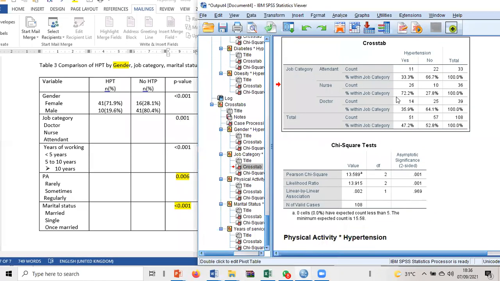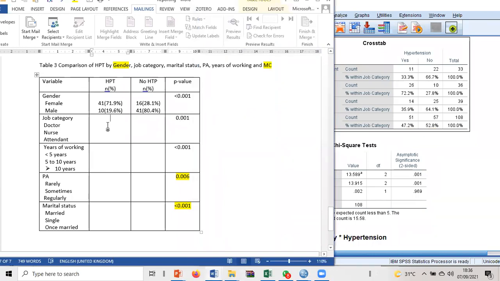So how does it work? Who's more hypertensive? Nurses, right? So doctors, how many of them are hypertensive? 11. How many percent? 3%. Nurses, 26. That is 72.2%.